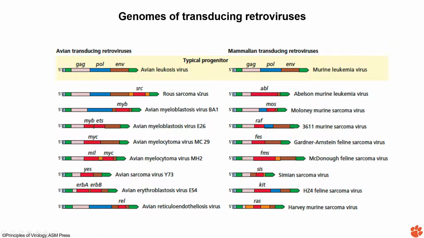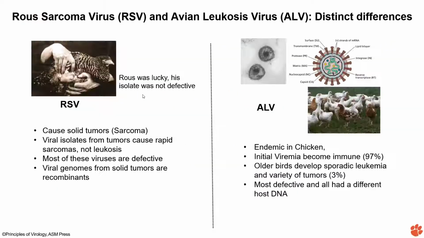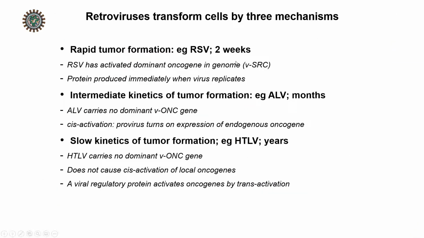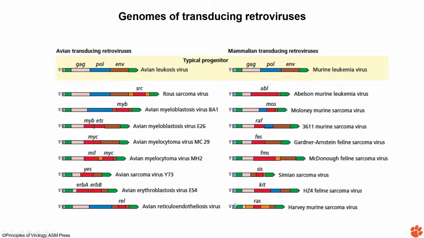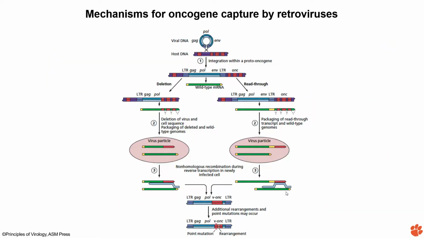If you have a virus like this, Rous sarcoma virus, with an intact sequence of the whole virus, along with an oncogene, the infection will immediately cause cancer. So that was what we are looking at. But all these ones, intermediate and slow kinetics, are defective retroviruses. It takes months and a helper virus, and it's a chance event.